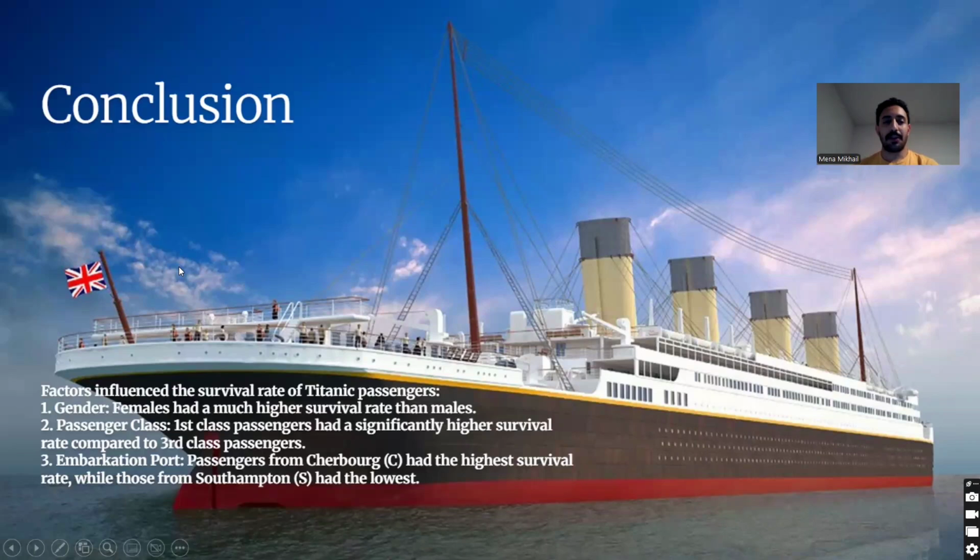In summary, our analysis revealed some interesting insights. The analysis shows how gender, passenger class, and embarkation point all influenced survival on the Titanic.